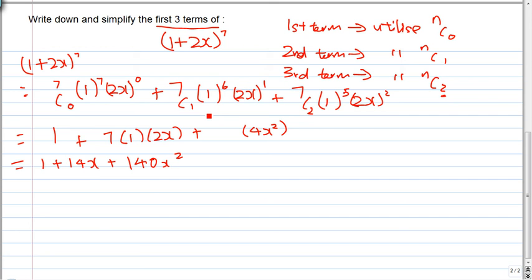Let's press the calculator again. 7C2 is actually 21. The third term is obviously wrong as well. It is 21, and 21 times 4 would be 84x squared. So this is the answer for 1 plus 2x to the power of 7.